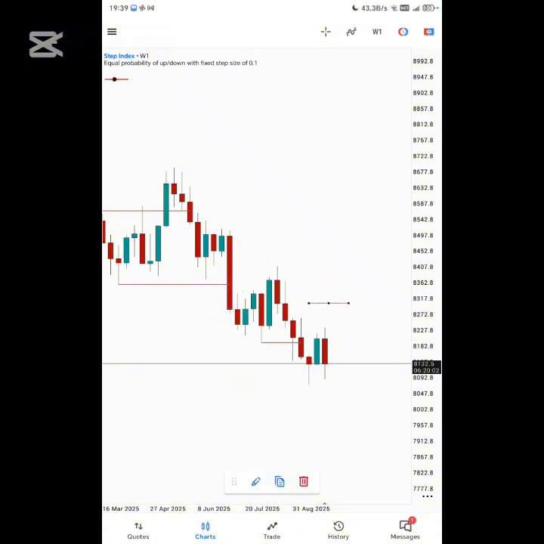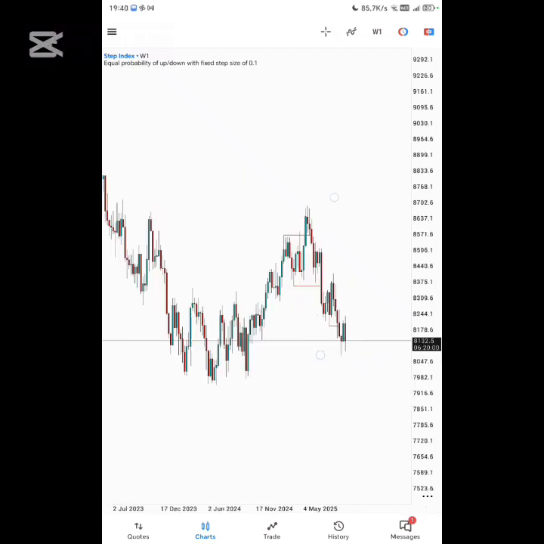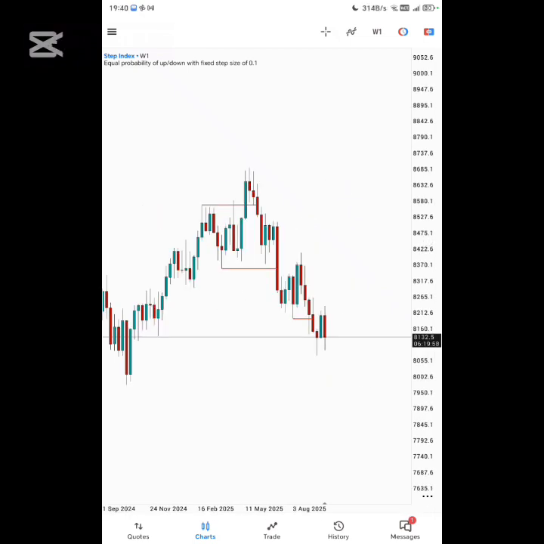Made a break of structure right here. We made this flip zone. I once did explain what is a flip zone. I remember doing so.